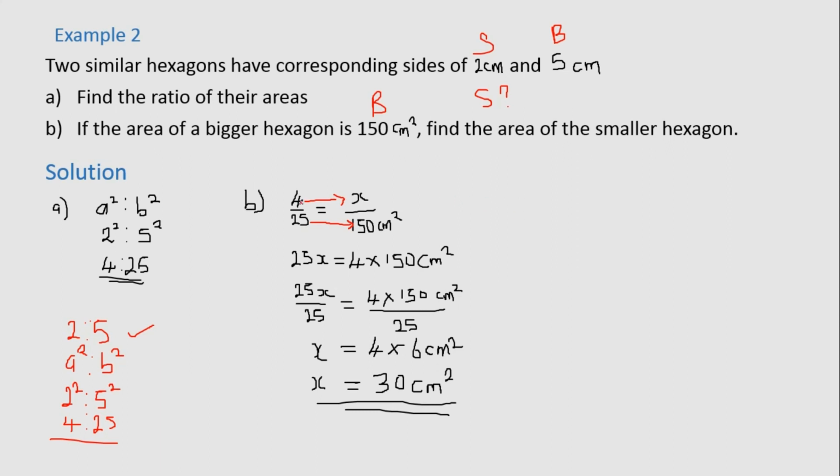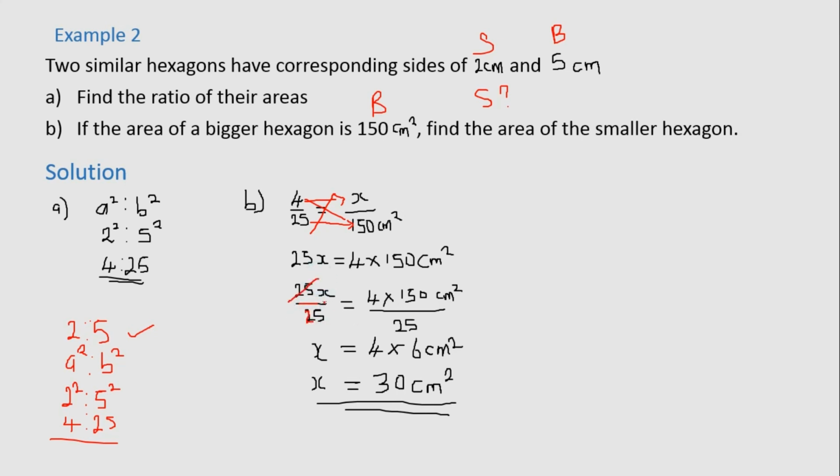Okay, so what you need to do here is to cross multiply. So you're going to have 25 multiplied by this x, you're going to have 25x. Then 150 multiplied by 4. So now here, since you're finding the value of x, you have to divide by 25 both sides, even this side.